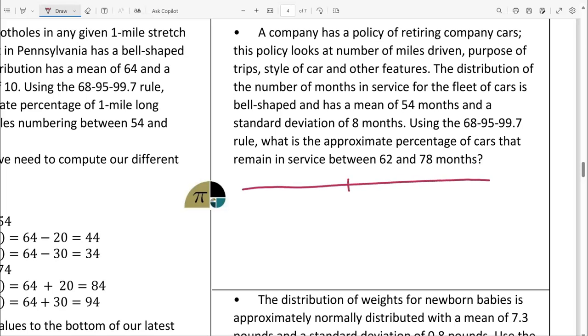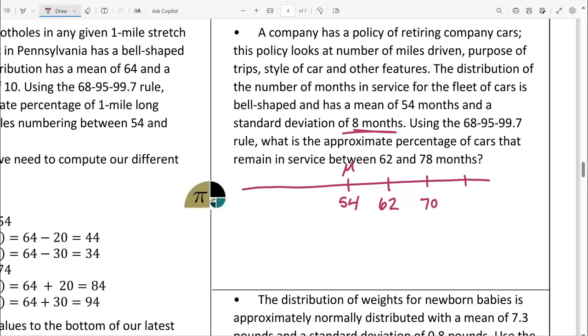So I'm just going to draw the axis of our bell curve. I'm going to put our mean on here, which is 54. Okay, 62 and 78 are higher than 54, so I'm just going to fill in the right side of my bell curve with my 3 standard deviations. A standard deviation is 8 months, so I'm going to add 8 to each of these. So 54 plus 8 gives me 62.